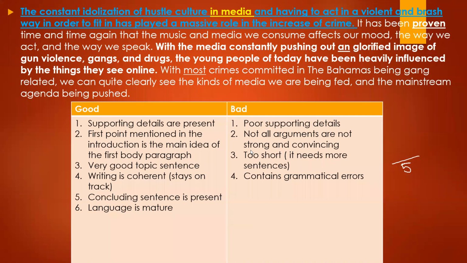If you go off course, that's a major error. If your developments are weak, that's a major error. If your language is mature, that's good, that's okay, but that's not as good as presenting a strong case. So that's the kind of difference right there. You don't want to major in the minors.